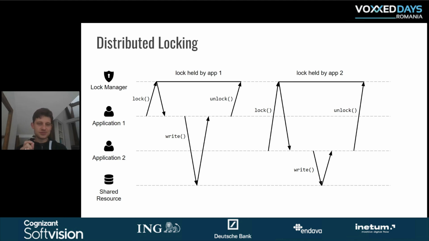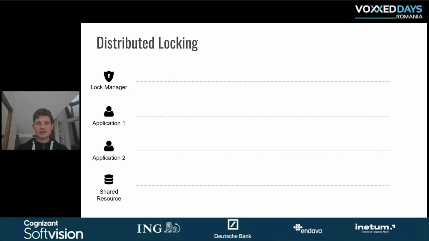That's why you should use locking, but not necessarily distributed locking. Consider what would happen if application 1 crashed at some point, which may happen. Imagine application 1 acquires the lock and then it suddenly crashes. Nobody else could use the lock as a result, and our system becomes unavailable.